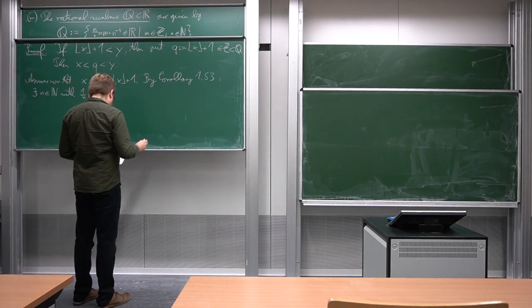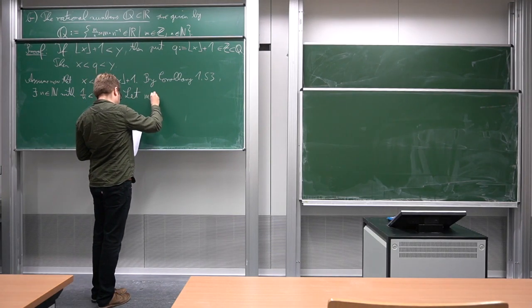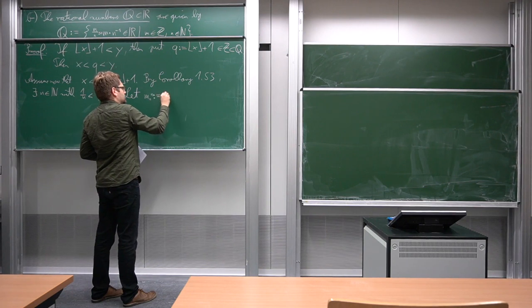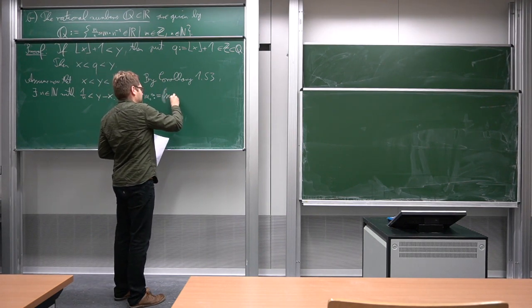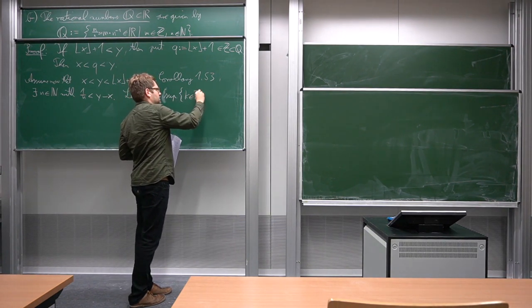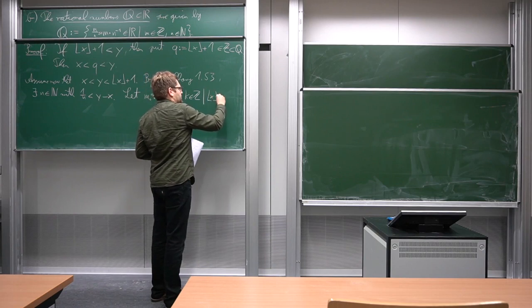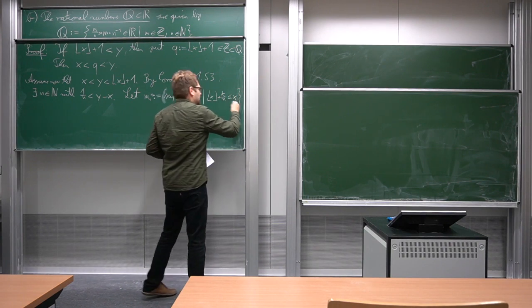But then we consider the following. We define a number called m0, and we put this to be the biggest integer, the supremum of all k in Z, such that the floor of x plus k over n is still at most x.